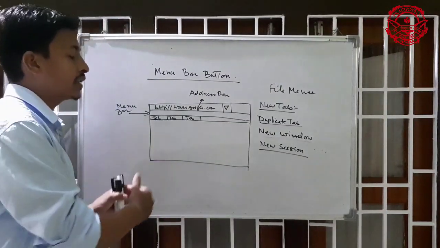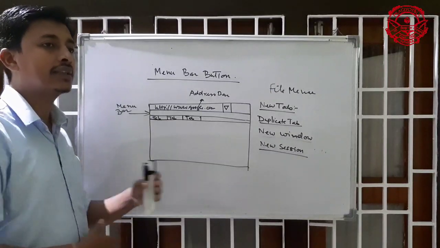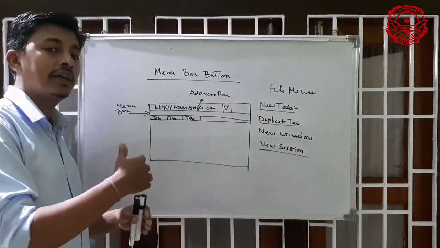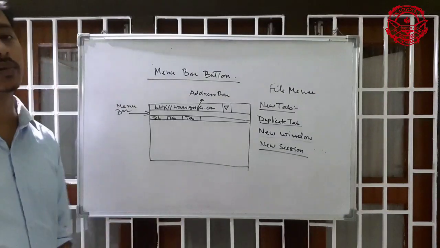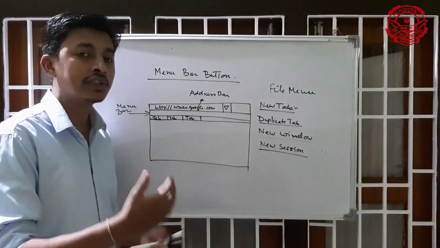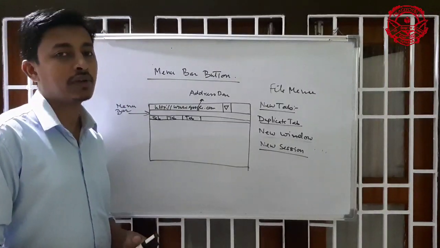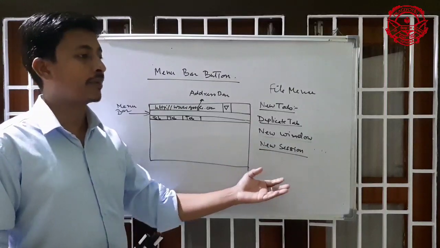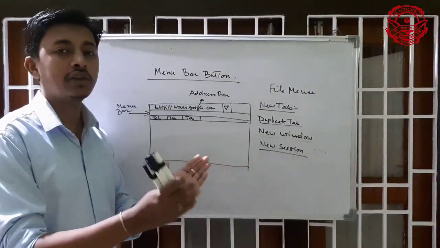After closing Internet Explorer, if you click on it again, at that time a new session will start. So new session will create a new start time of the web browser. When the browser starts and when the browser stops, this time is called the session.